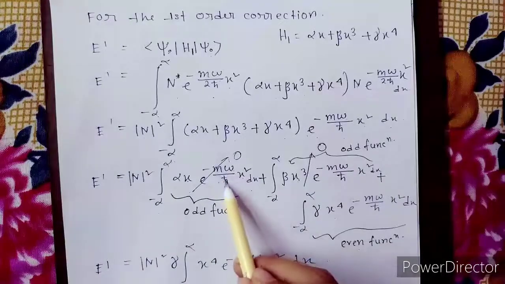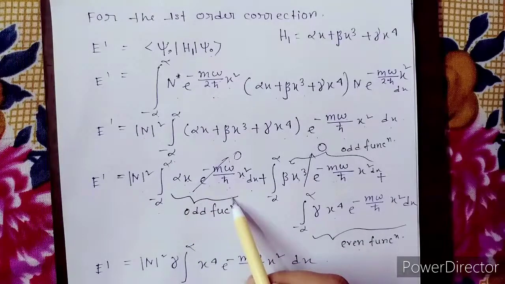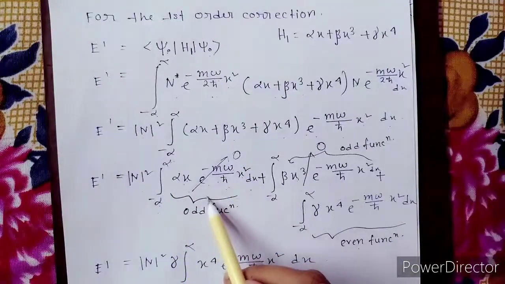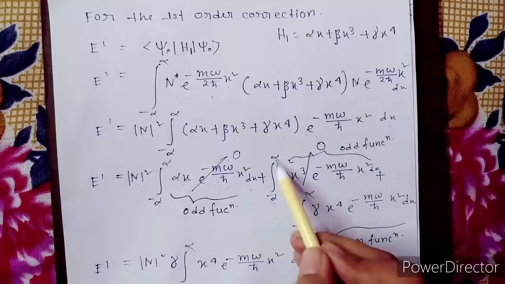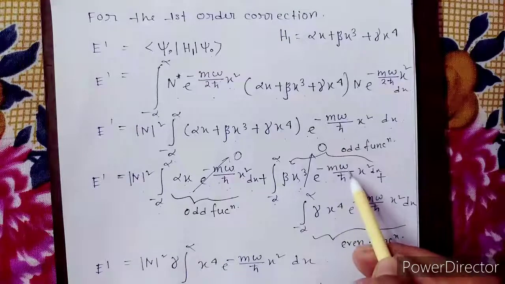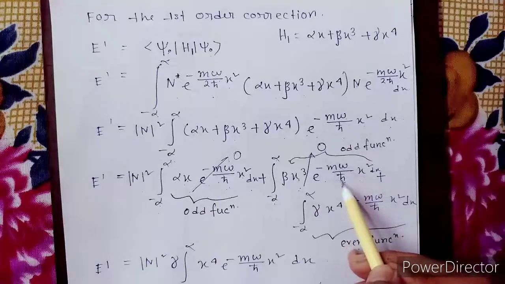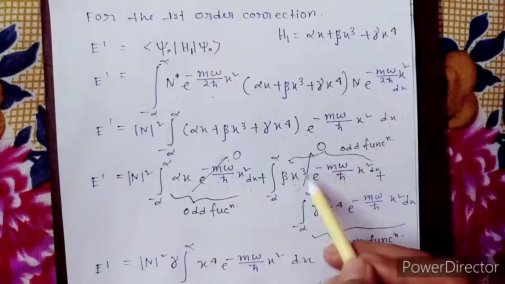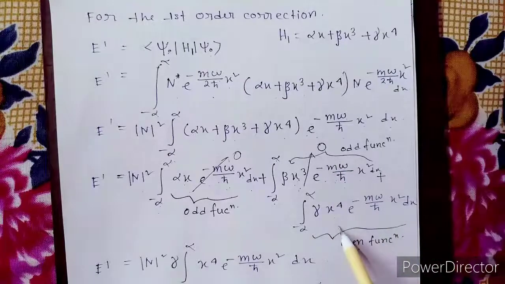An even function multiplied by an odd function becomes an odd function, and if we integrate it from minus infinity to infinity we get 0. So this term contributes nothing. For the second term, x³ is an odd function and the exponential is an even function. Again the product is odd, so this term also contributes nothing and gives 0.